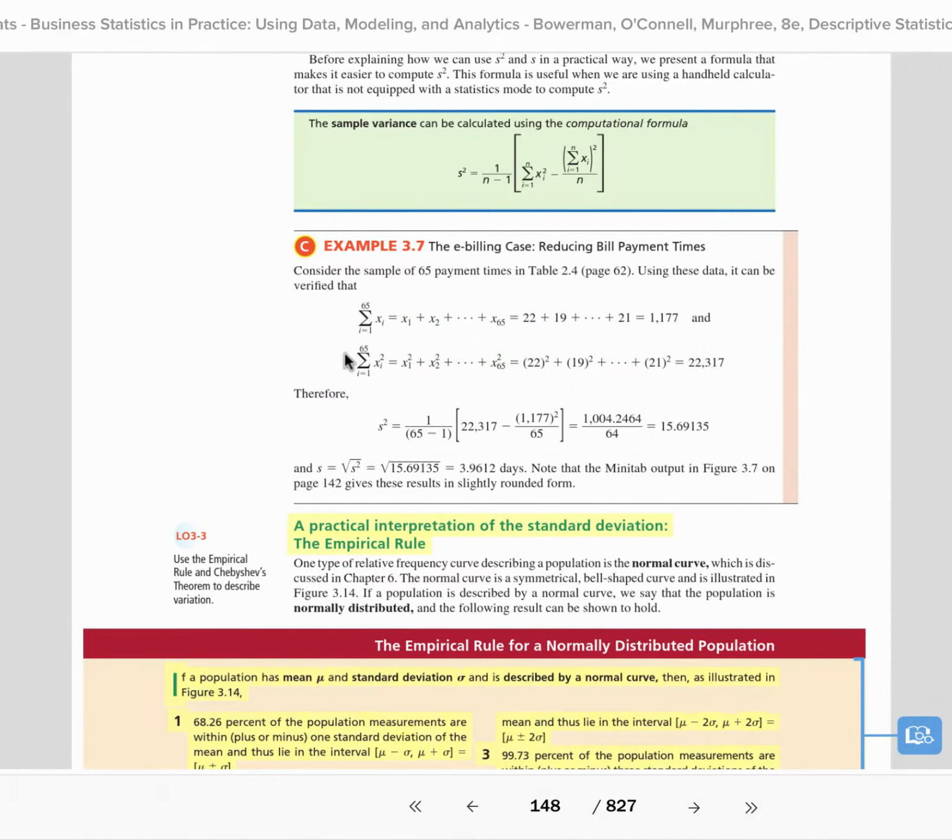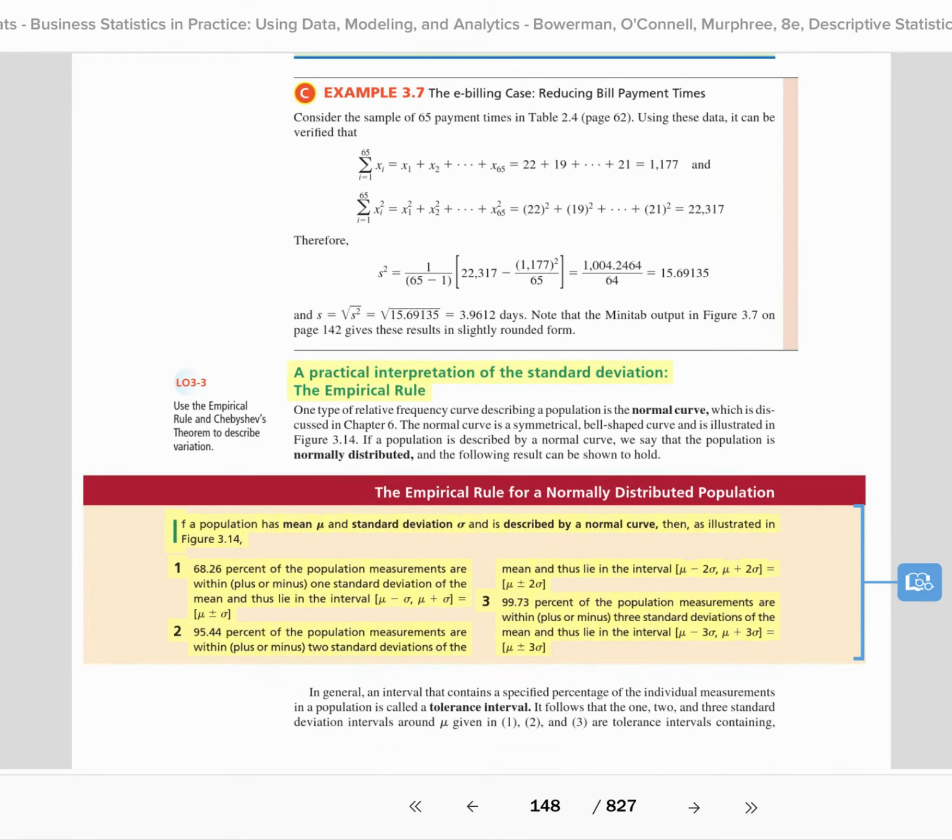Okay, so let's go back to the first empirical rule that is known in statistics when you have normally distributed data. The empirical rule provides you with some type of analysis so that you can predict the spread of your data if you have normally distributed data.